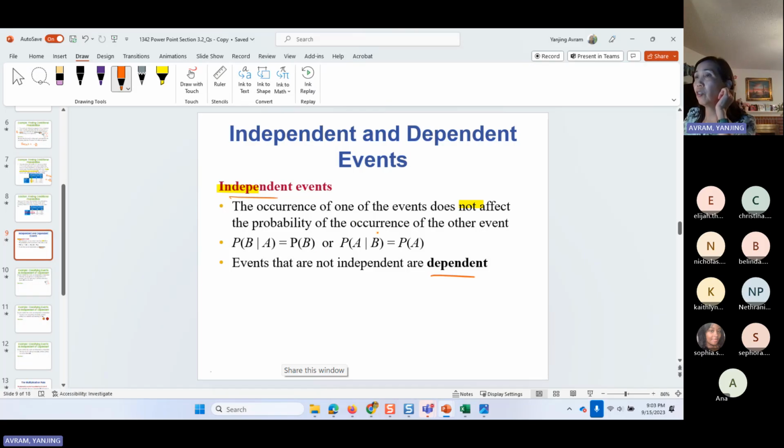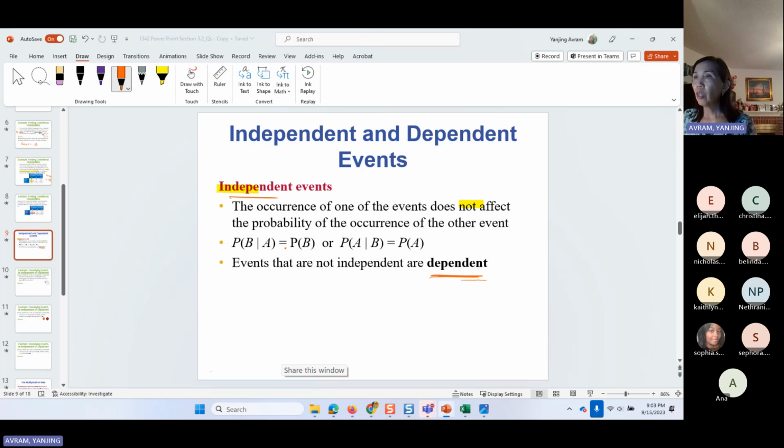But if you say, I go to the math tutoring center every day, we have a math tutoring center on all the TCC campuses, then that and your math score would be called dependent. Because if you get in-person tutoring, I'm sure your score is going to be much higher. It will help. So that's called dependent.